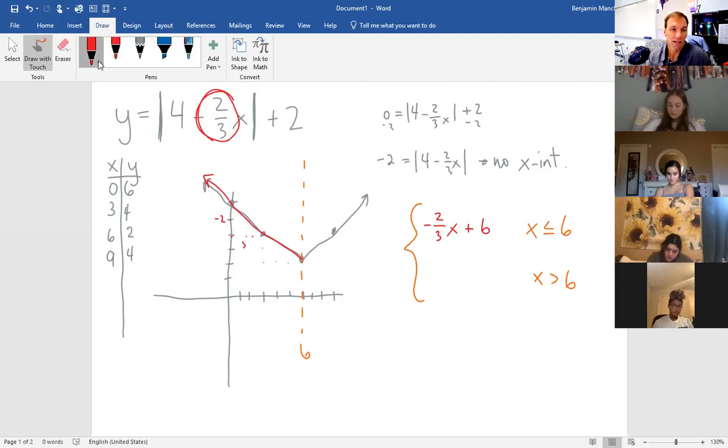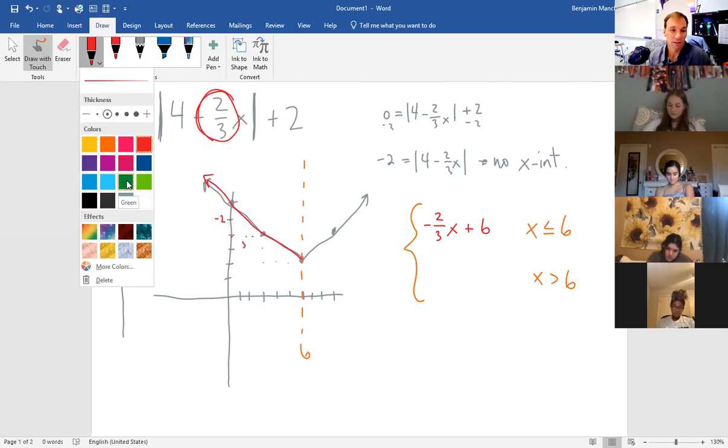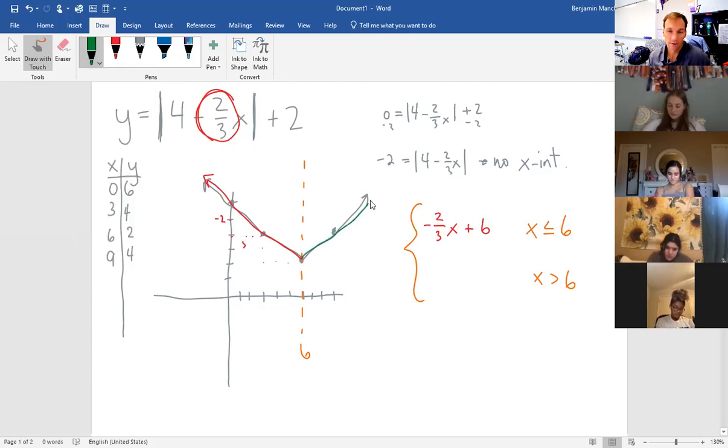And on the other side, we're going to do it in green. So this one has a positive 2/3 slope. And if we were to continue on, down to over 3, down to over 3, we find that this would cross the y-axis at negative 2.